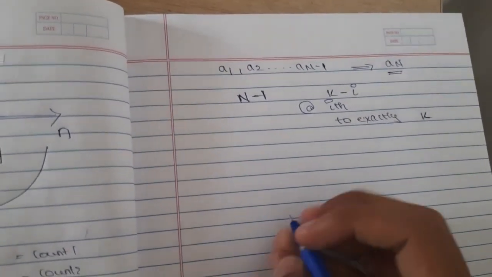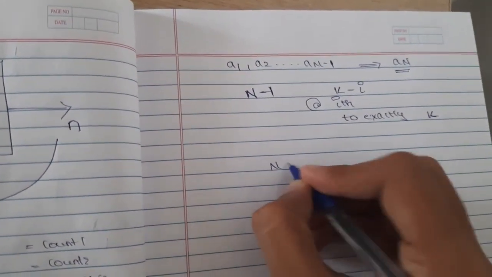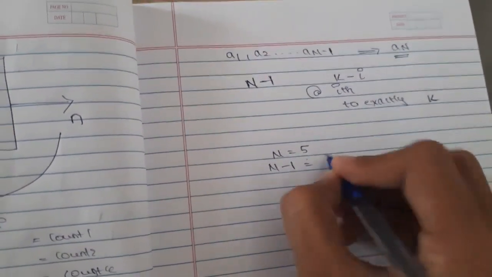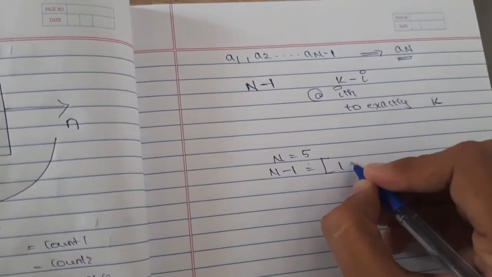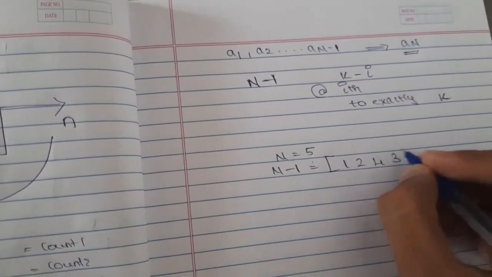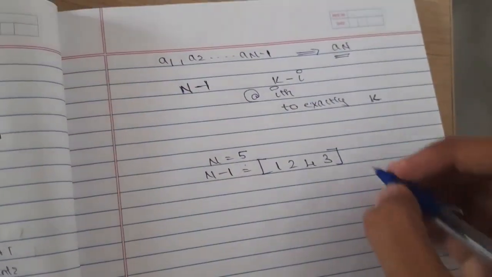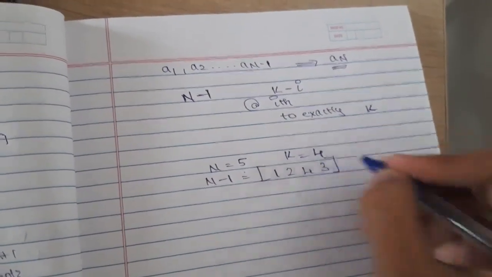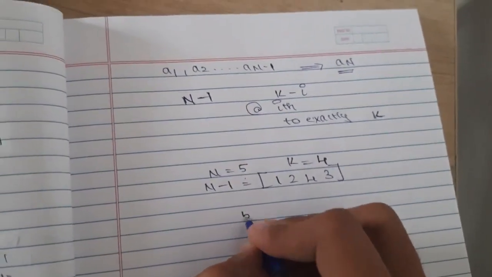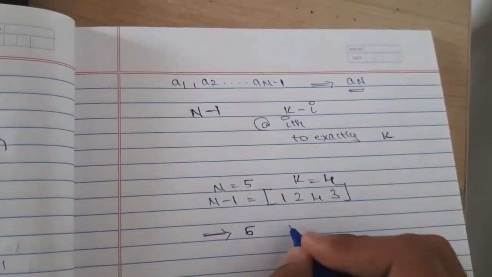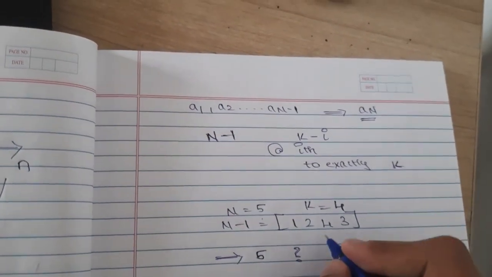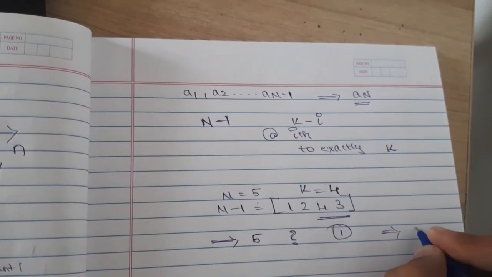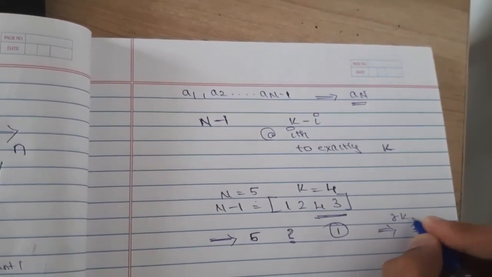For example, let's say n is equal to 5, and we take the n minus 1 array as 1, 2, 4 and 3, and the total inversion pairs we need is 4. We need to add the new element 5, but in which position should we add it? Think about it. Here the inversion count is 1, so the remaining inversion count we need is 3, the remaining k is 3.